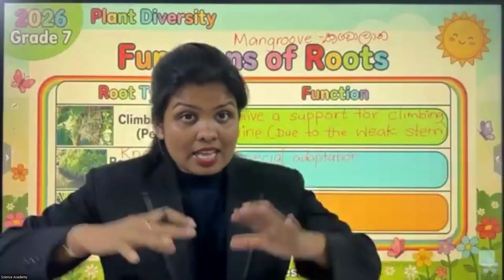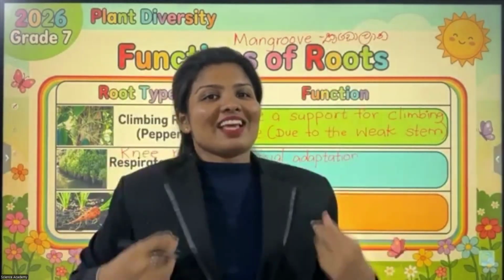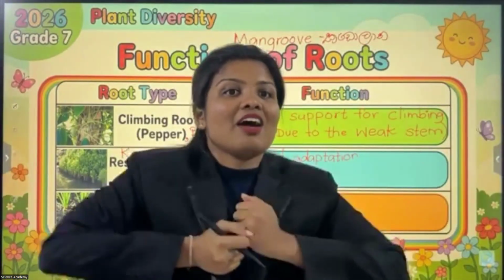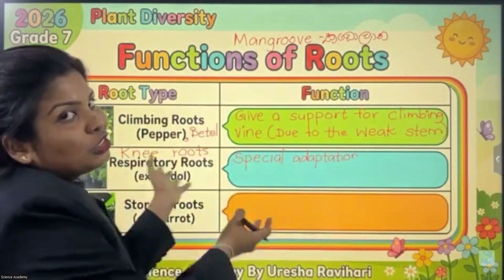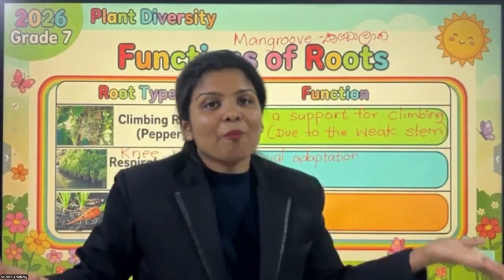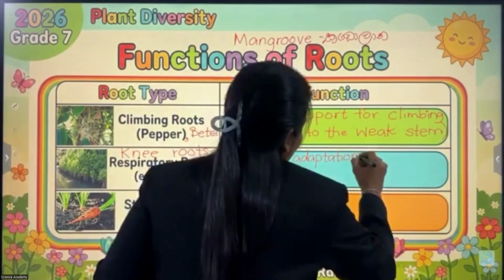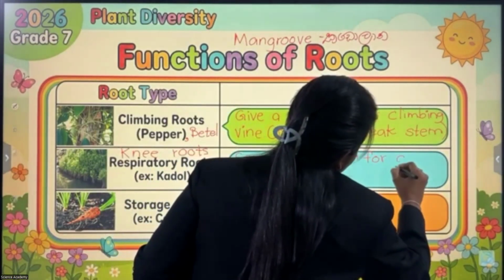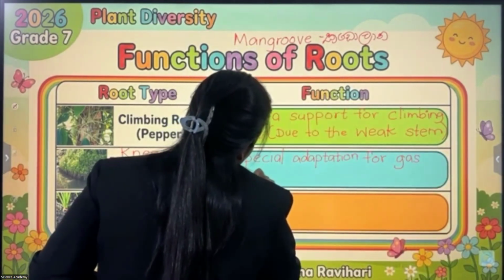Although water is there, roots come out and do the gas exchange. Right? When we have a cold environment, we are wearing a jersey, no? Likewise, these plants also have that special adaptation for surviving. Special adaptation for gas exchange.